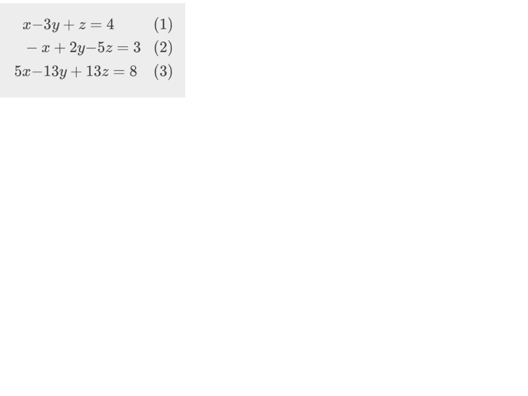So the question was, do we always cancel the same letter? No. Pick any two equations to cancel any variable that you're able to do. So what do you want to pick in this one? 1 and 2? Okay, so 1 and 2.